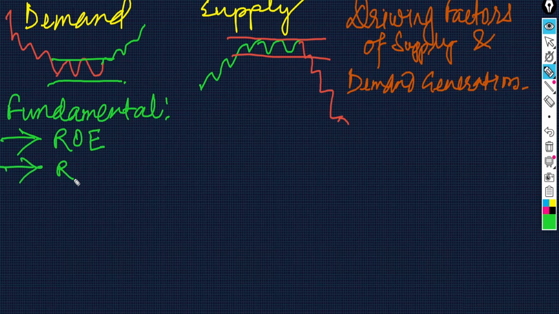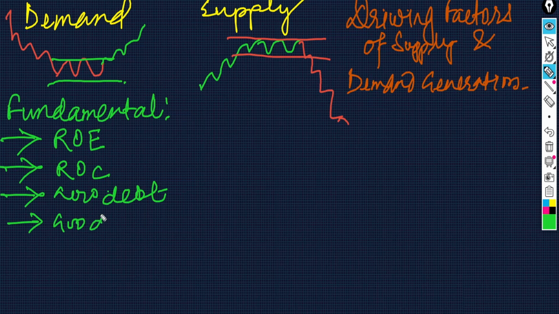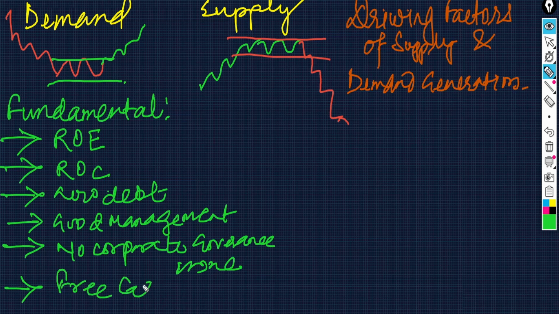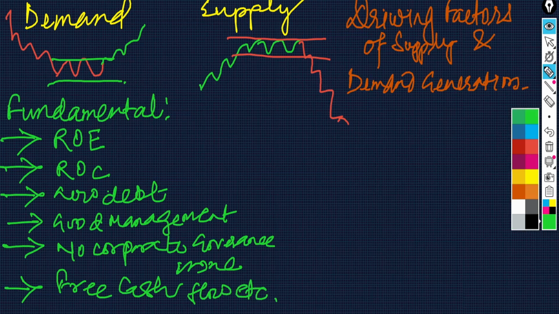The second one is return on capital, low debt, good management, no corporate governance issues, cash flow, free cash flow, etc.